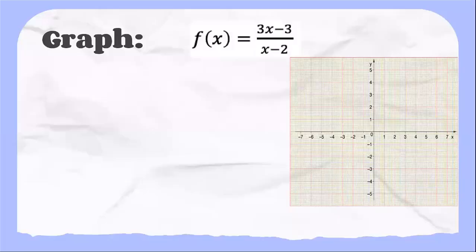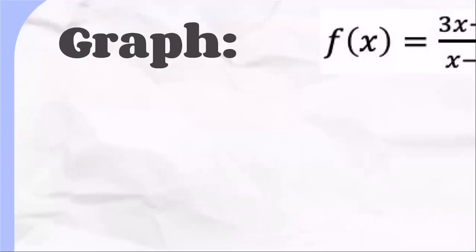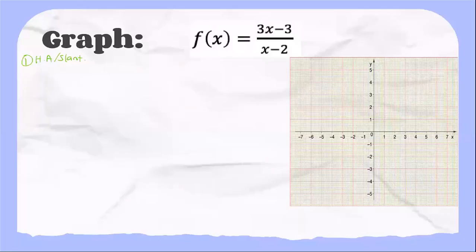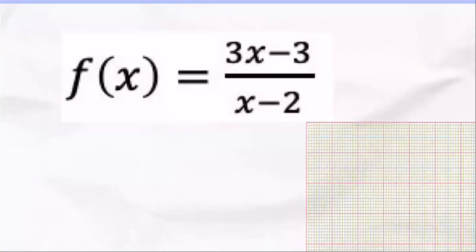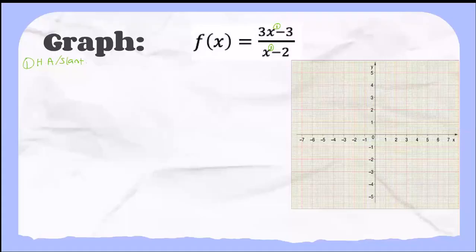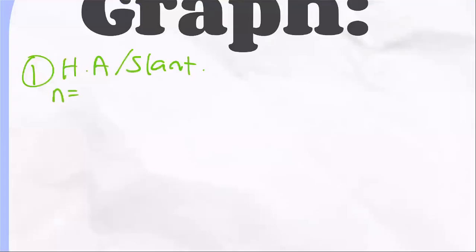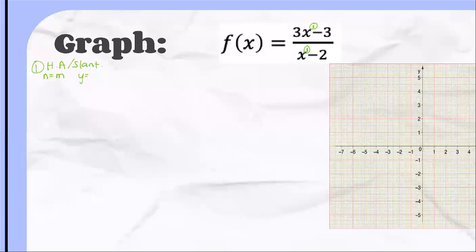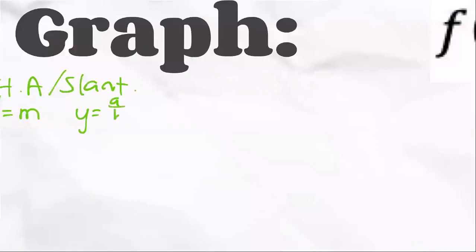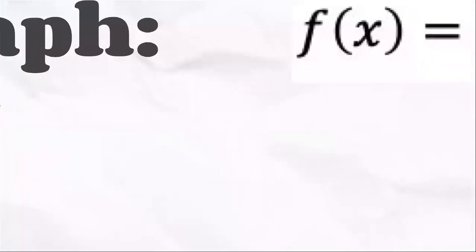So the first thing that I do, again, is I try to calculate my horizontal asymptote or slant asymptote. And that depends on what it looks like. So in this case, the degree on my numerator matches the degree on the denominator. So that is when your m equals your n, and so my asymptote is y equals a over b.